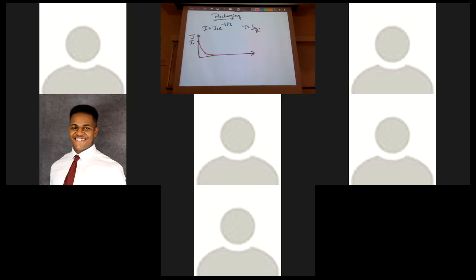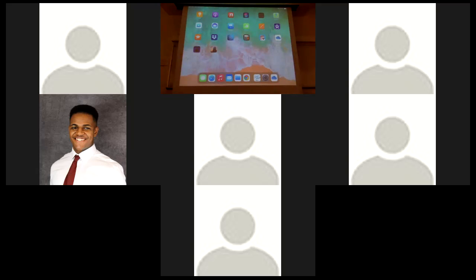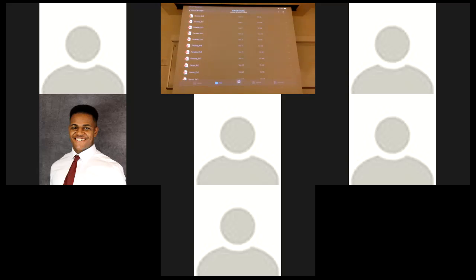Okay. So let's do an example of this. This one says that at t equal to 0, a 12-volt battery is connected to a 220 millihenry inductor in series with a resistor which has 30 ohms worth of resistance.